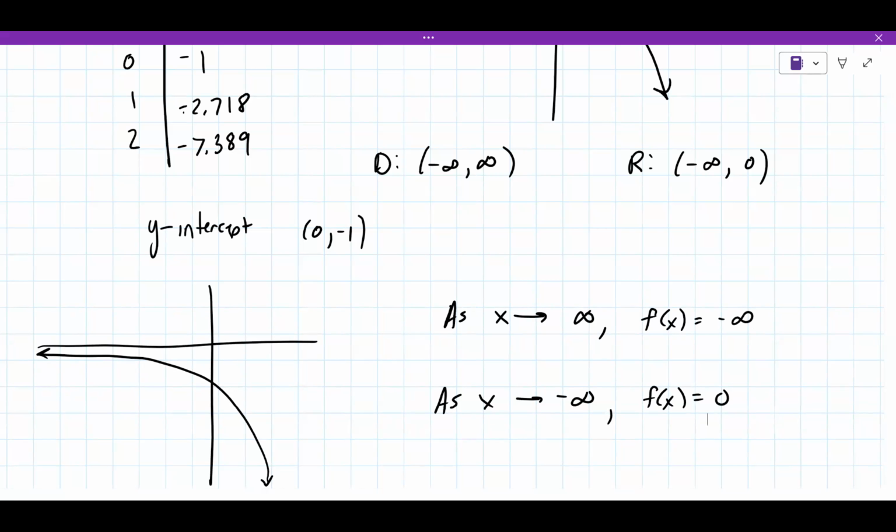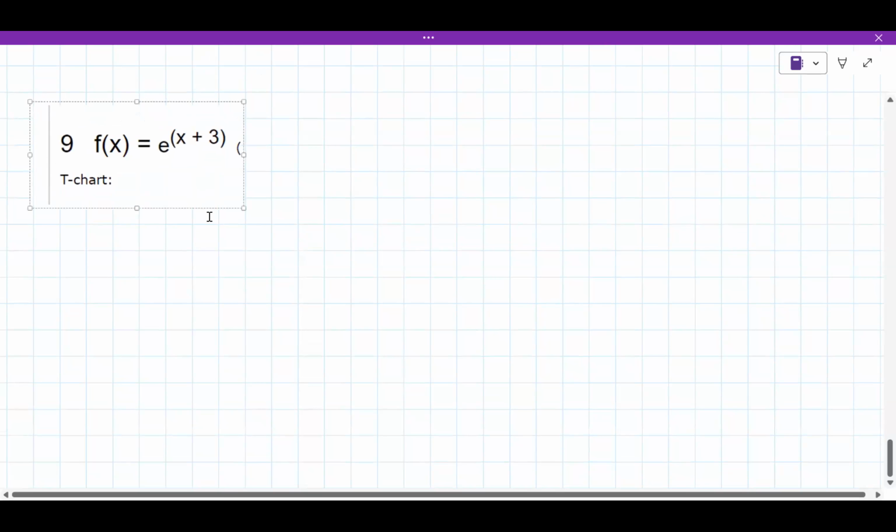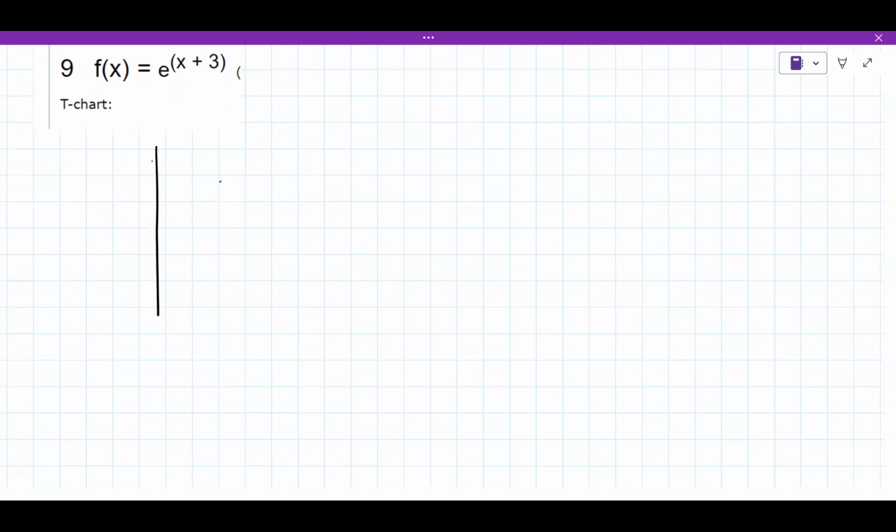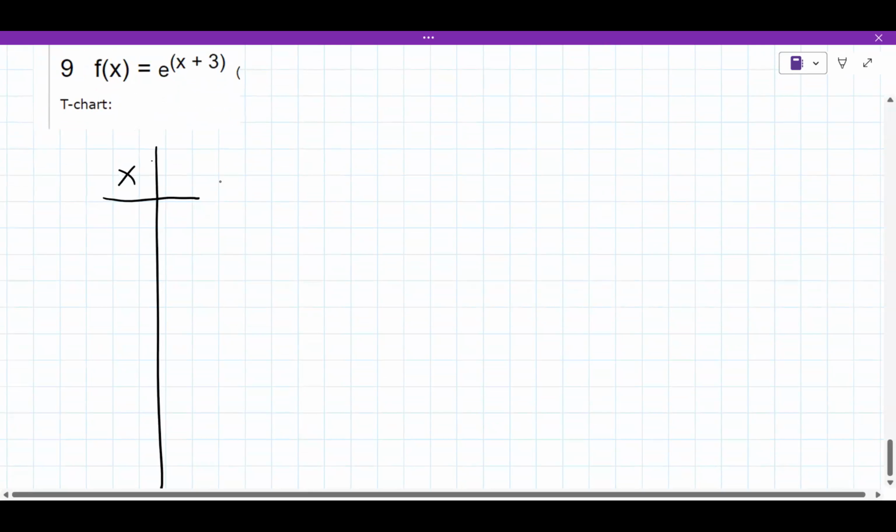All right, one more of these, and then we've got a word problem. T-chart again, pretty much standard stuff here. We've got x, and then f of x, which is really y.